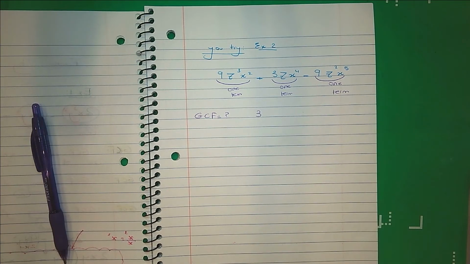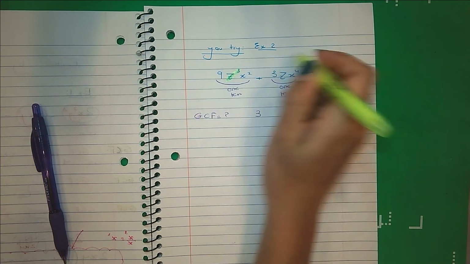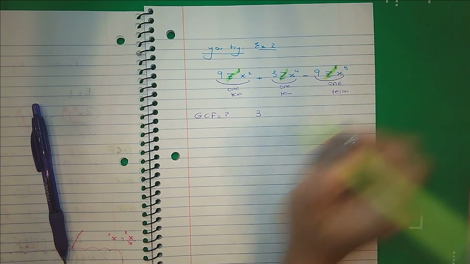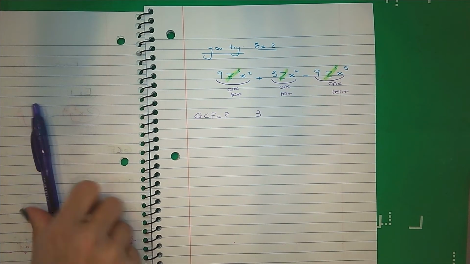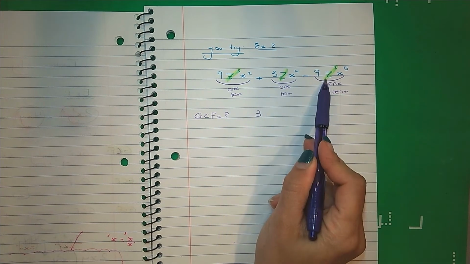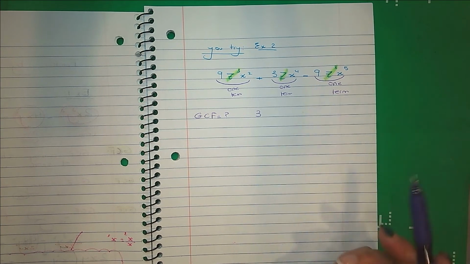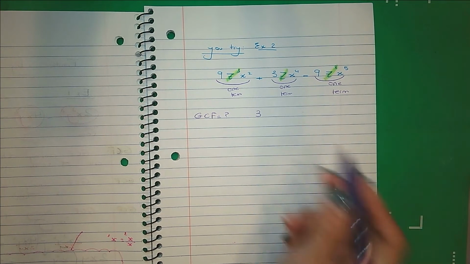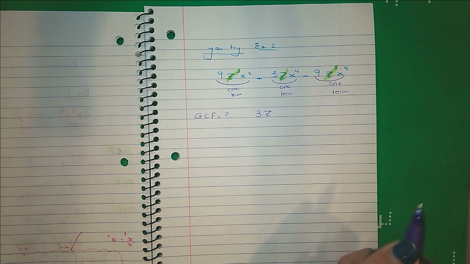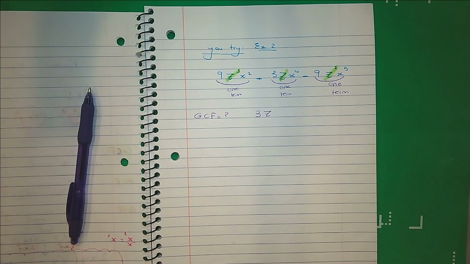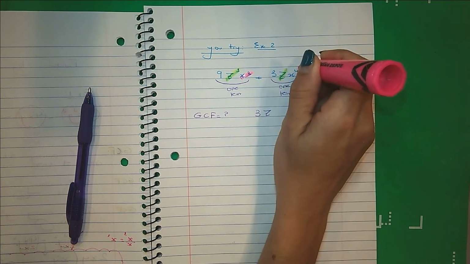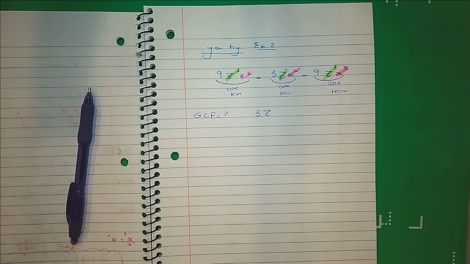Let me make it easier and highlight the z's. So I got z cubed, z, and z squared. What is the smallest one that's going to go into all of them? So it's 3z. All right, cool. And then we're going to say we got x squared, x4, and x5. What do you think is in common among x squared, x4, and x5?